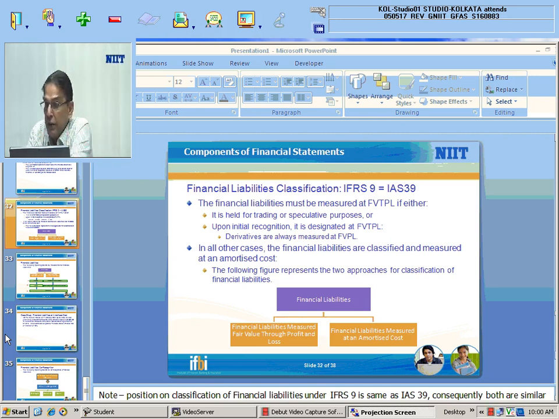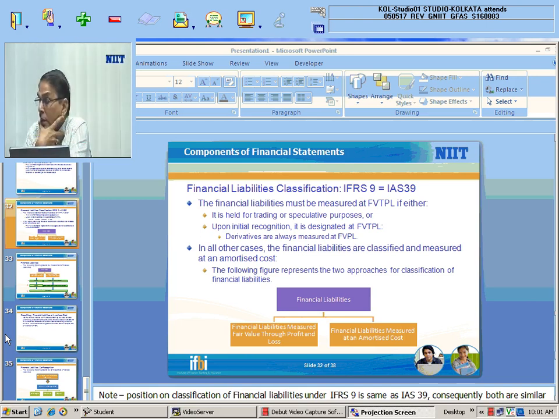Upon initial recognition, it will be designated as fair value through profit and loss. Derivatives also are always measured at fair value through profit and loss. In all other cases, the financial liabilities are classified and measured at amortized cost. So there are basically only 2 classifications for financial liabilities: measured at FVTPL, if either it is held for trading or speculative purpose, or upon initial recognition it is designated as FVTPL.